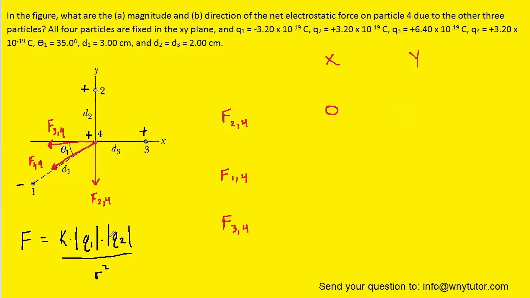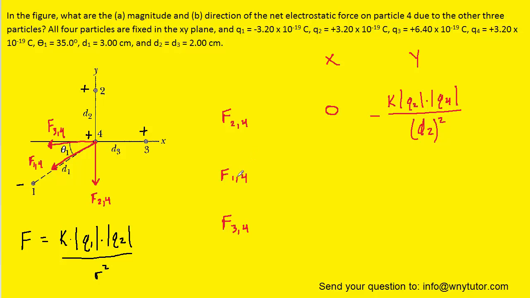For the y component, we'll end up using Coulomb's law. Notice that we're using charge 2 and charge 4 for this force, and that the distance between the two charges is d2, as shown in the diagram. Now, keep in mind that that force is pointing downward, and so we have to assign a negative sign to that y component force because of the downward direction.